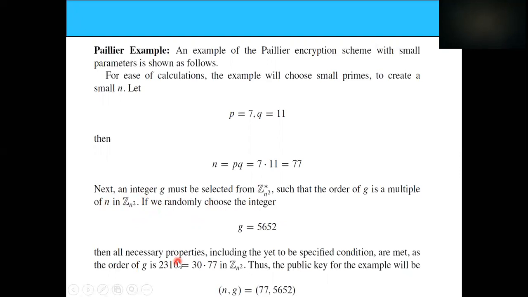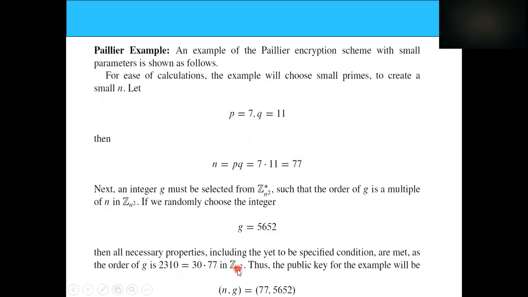The order of g is basically the power of g for which you will get the identity. If you take g to the power 2310 and mod it by n square, then you will get 1. So it means the order of g is 2310, which is a multiple of n, where n is 77. So 30 into 77 in Zn square.